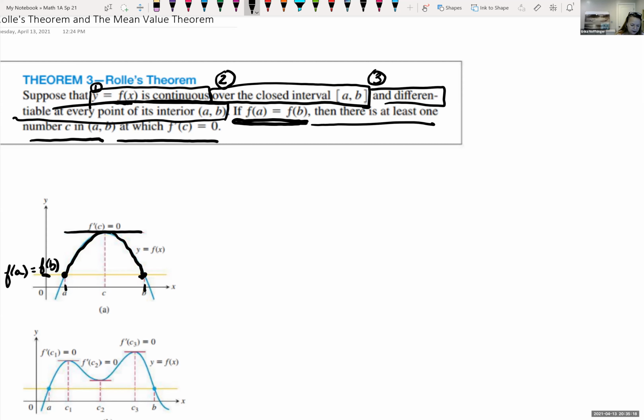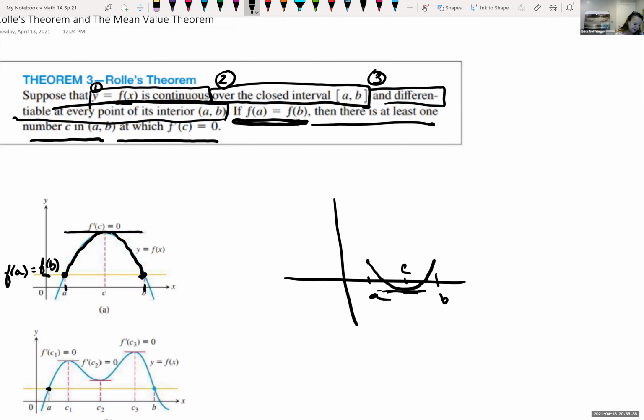I mean, I could, if I wanted to, go below the x-axis, right? But here, my derivative is 0. It's possible it turns more than once though.